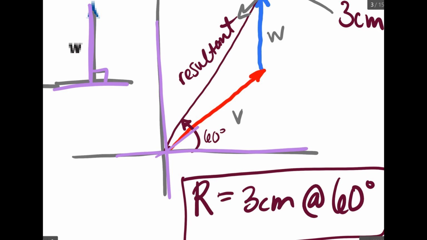I draw my first vector at whatever angle and length it was. Then, from the tail of the first one, I draw my second vector to however long it was and whatever angle it was. Then I connect the tip of V to the tail of W. I measure how long that length is with the bottom of the protractor, and with the protractor I find that the angle going to my resultant is 60 degrees.